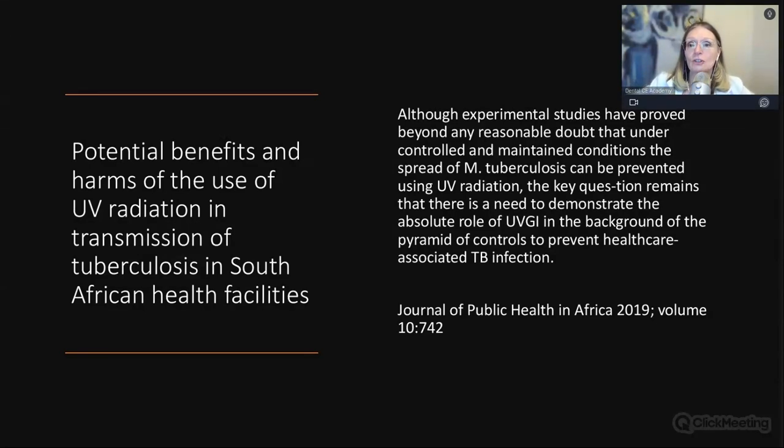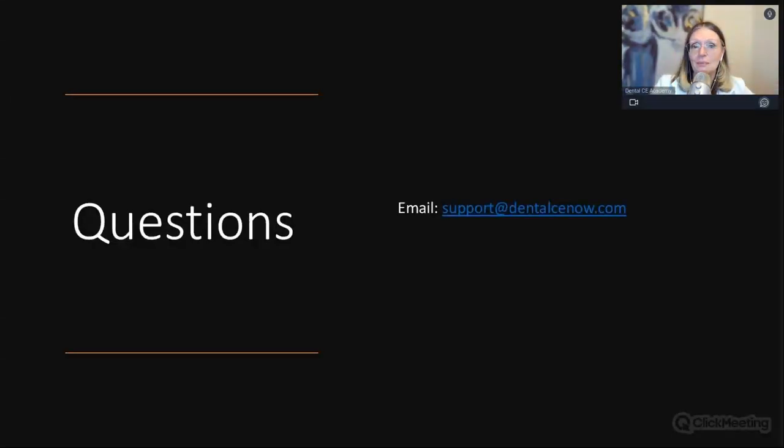They felt the key question still remained that there is a need to demonstrate the role of UVGI in the background of the pyramid of controls to prevent healthcare-associated TB infection. So they believe this is just scratching the surface. And again, more studies should be considered.